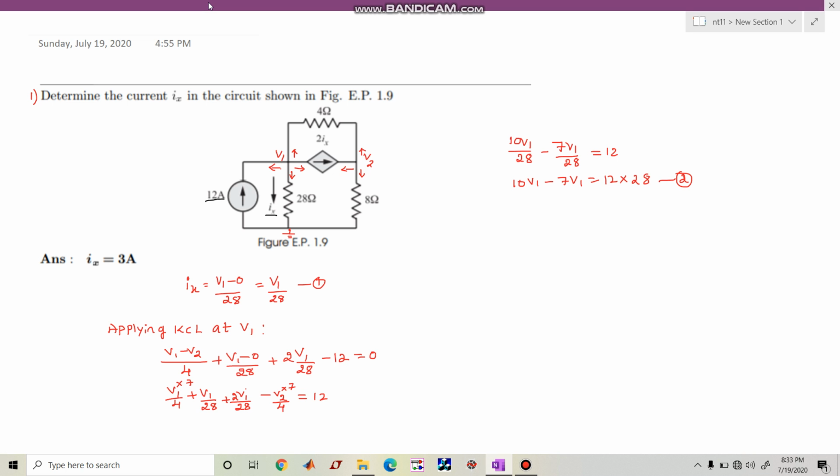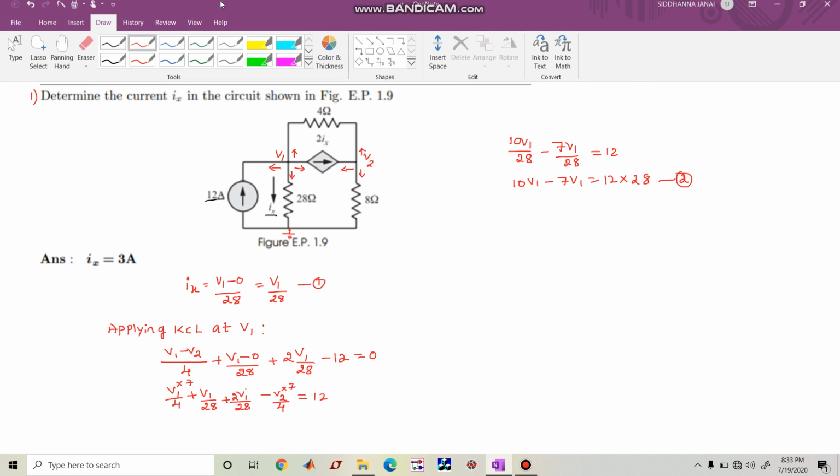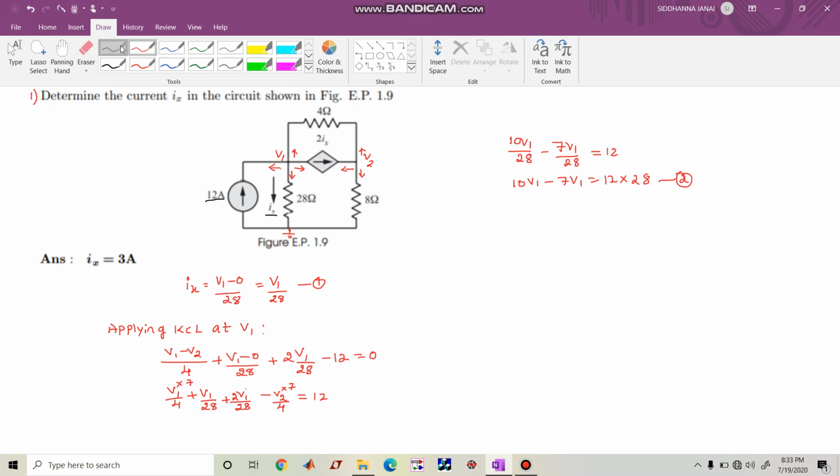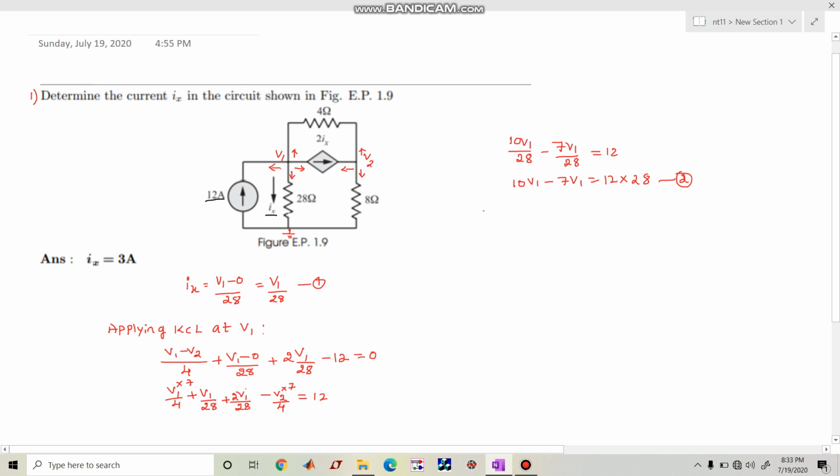Now let us apply KCL to node V2. So what you will get?